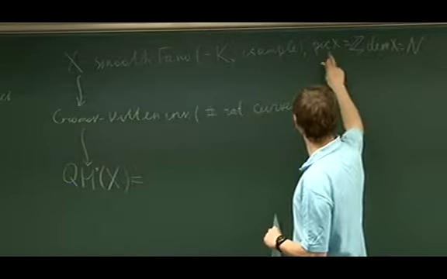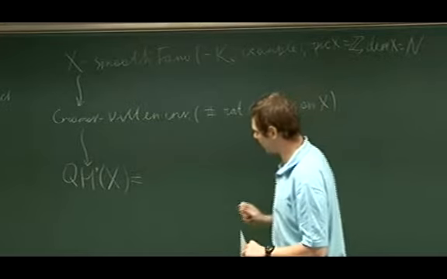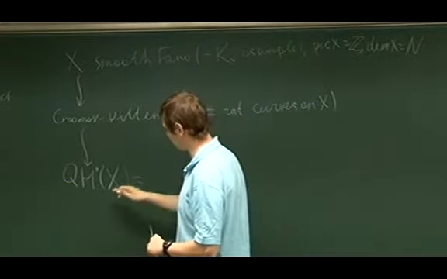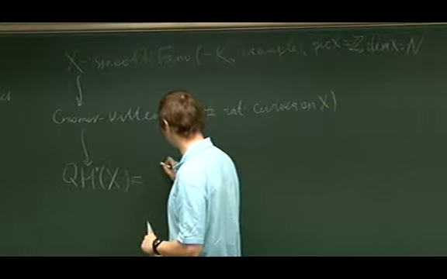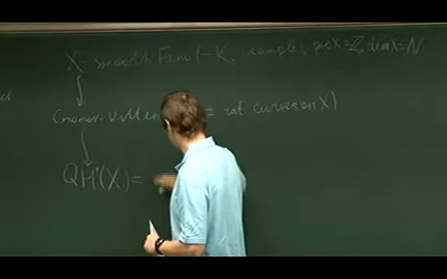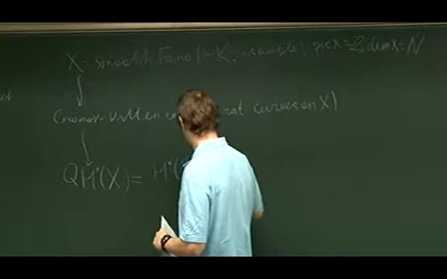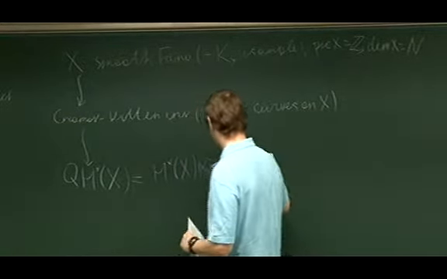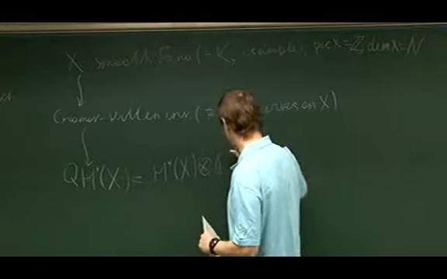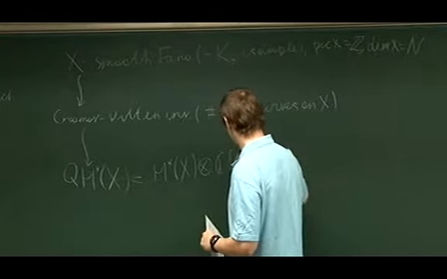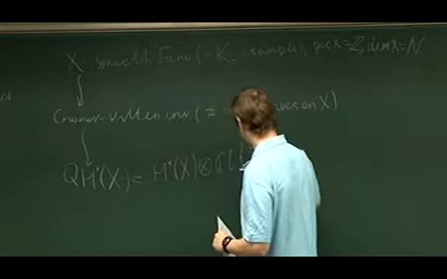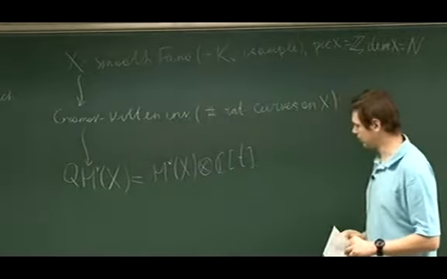One variable means that our Picard number is 1. Polynomials with coefficients in cohomology. We'll denote the variable t.